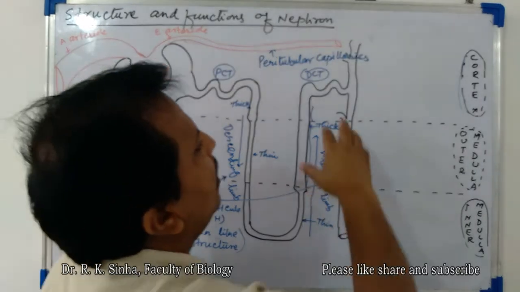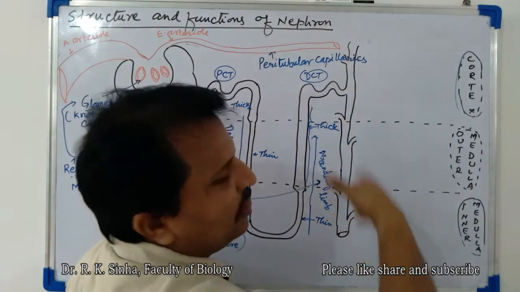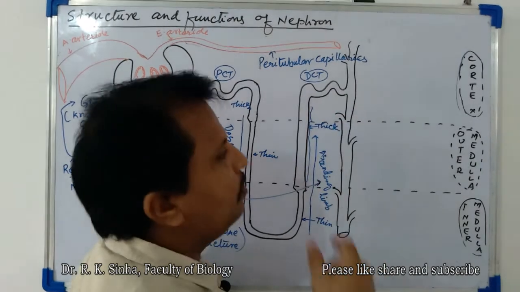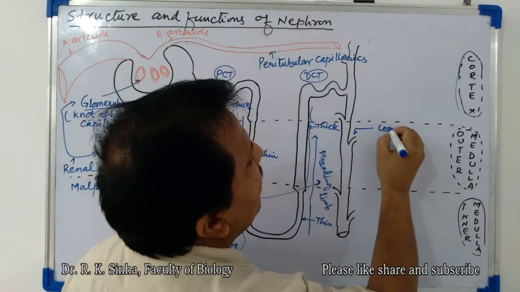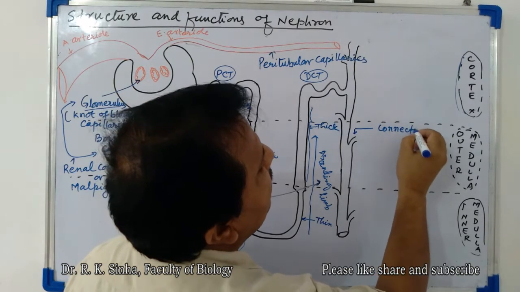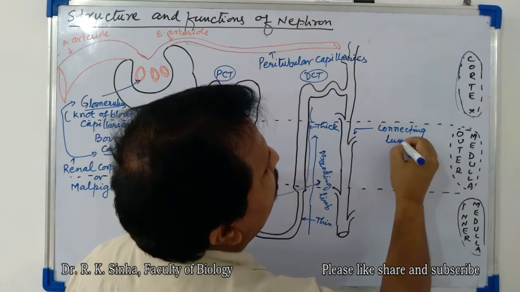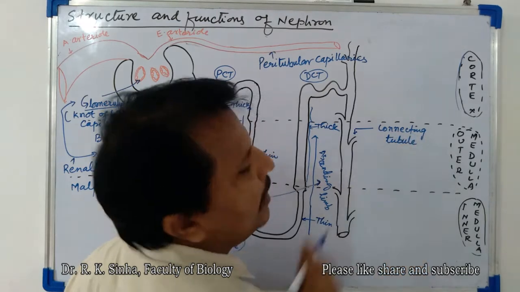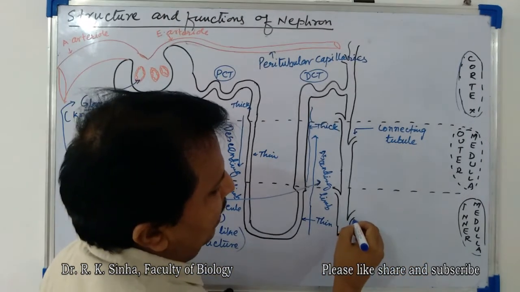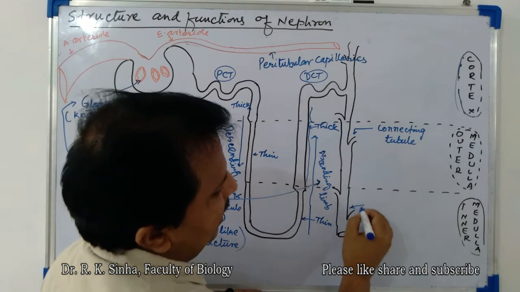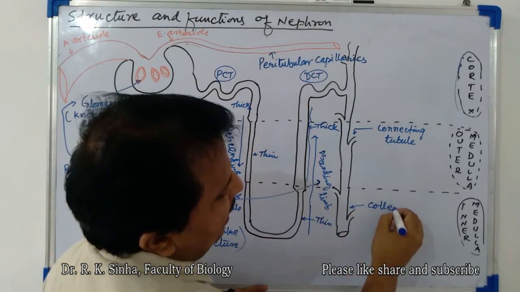Now this is the straight tube, and these are called connecting tubules. All the connecting tubules will open here in the collecting duct.